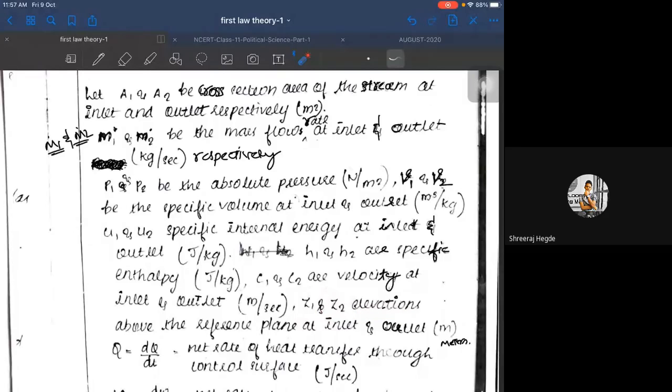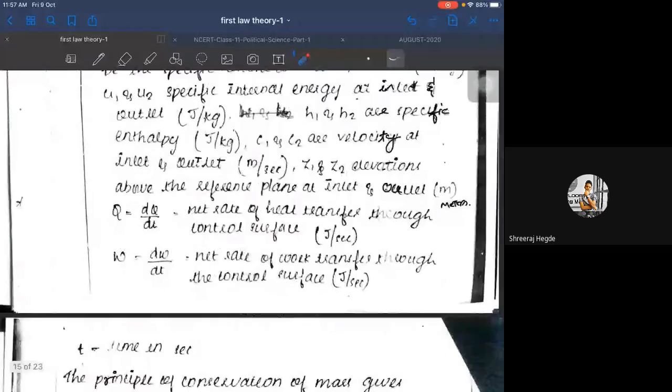Now, Q is given by dQ by dt. This you know, the rate of flow of heat energy. So Q is the rate at which heat flows, known as the net heat rate transferred. W is the net work rate transferred. These two are very important.